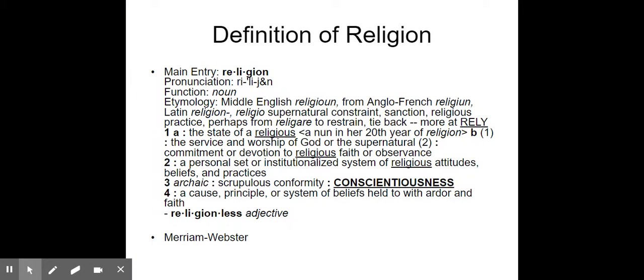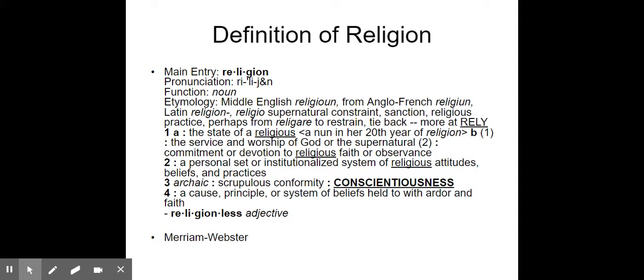So if we're talking about religion, we've got to get a good definition of religion. Well, here's the definition from Merriam-Webster, all right? Religion is a noun, and there are 4 possible definitions for it, okay? One is the service and worship of a god or of the supernatural, commitment or devotion to religious faith or observance.